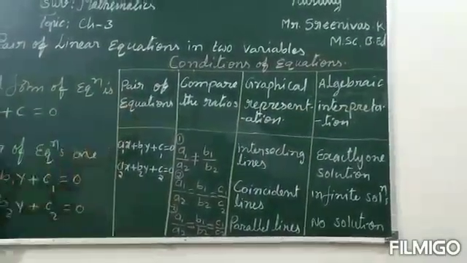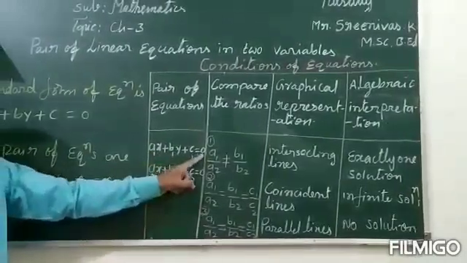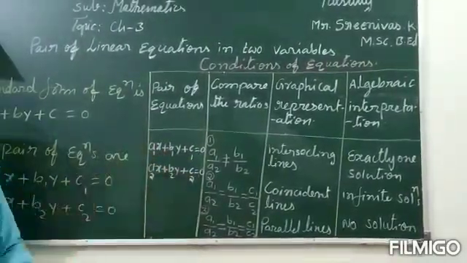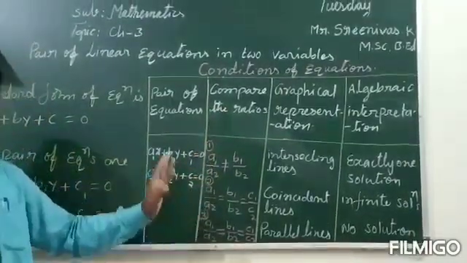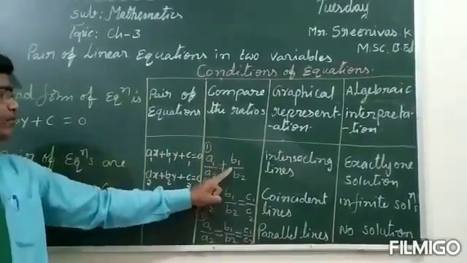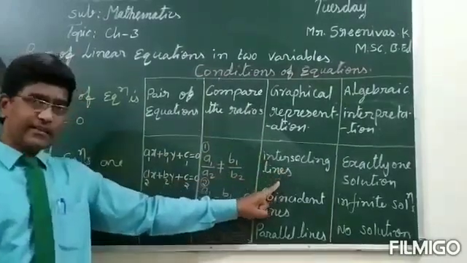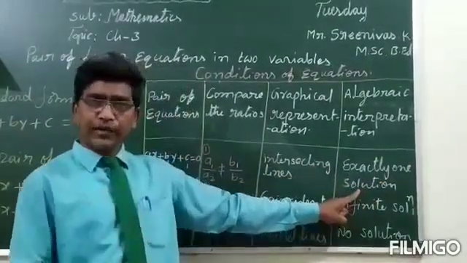Pair of equations you know already, written here: a1x plus b1y plus c1 equal to 0, a2x plus b2y plus c2 equal to 0. Here compare the ratios. So we will see first one, a1 upon a2 is not equal to b1 upon b2. Those are intersecting lines, and exactly one solution you are going to get.